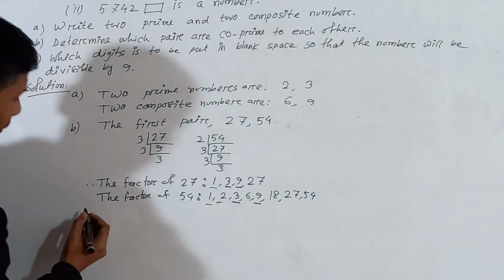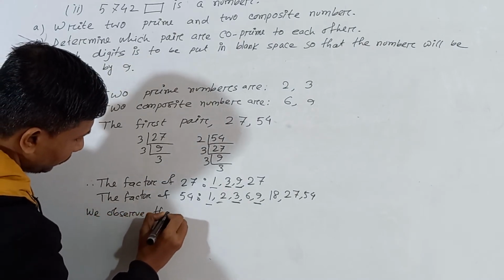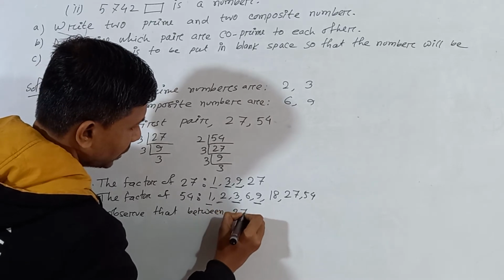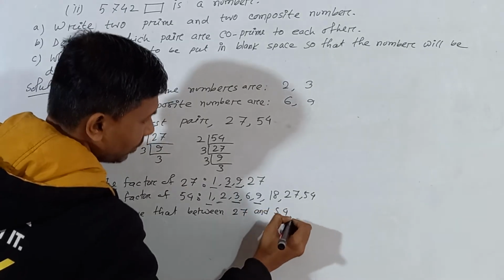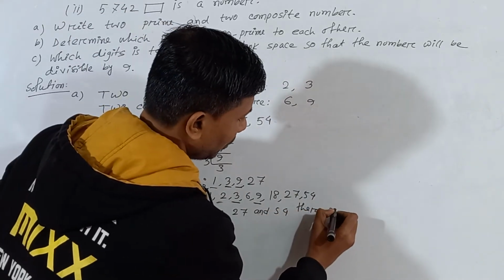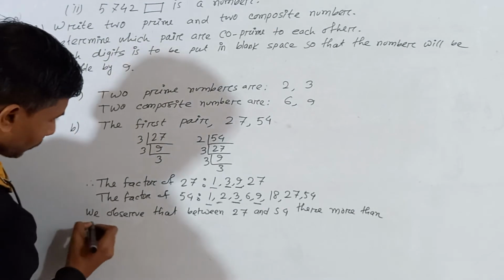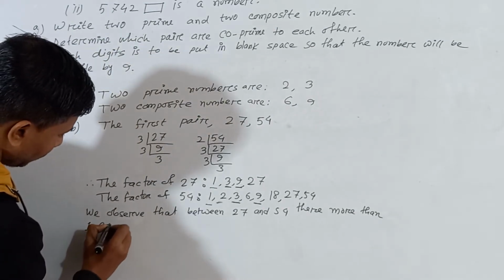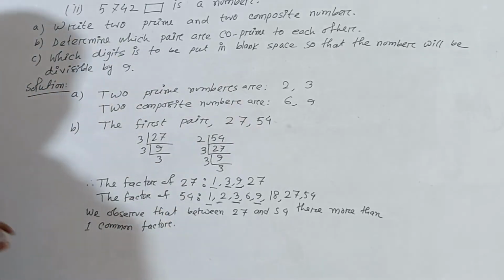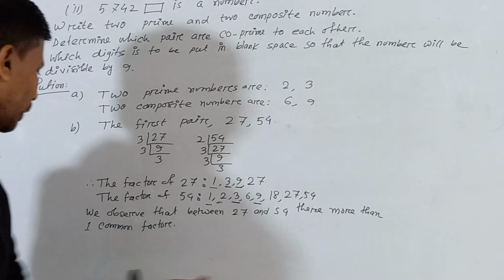Okay student, right? We observe that between 27 and 54 there are more than one common factor.